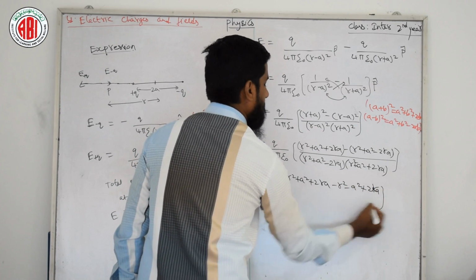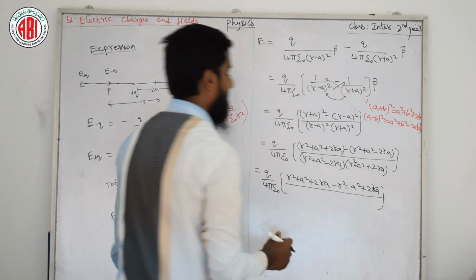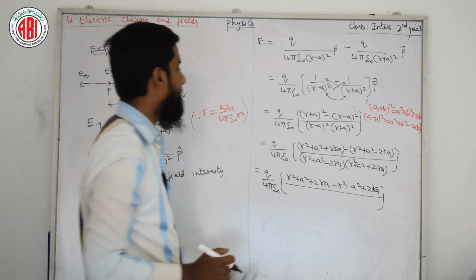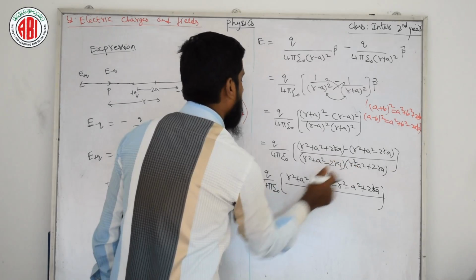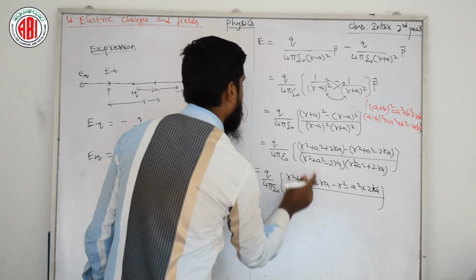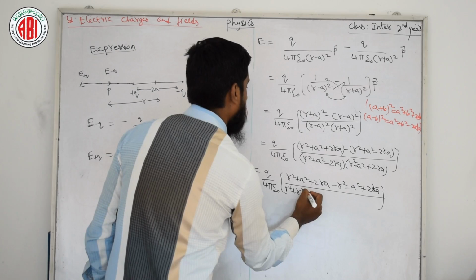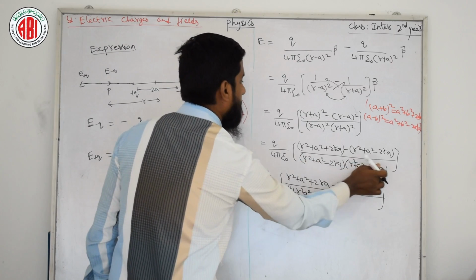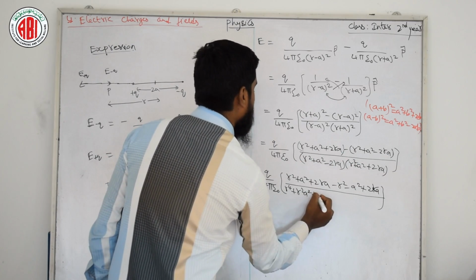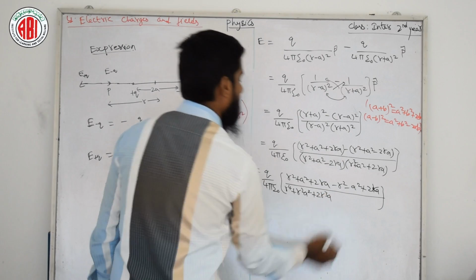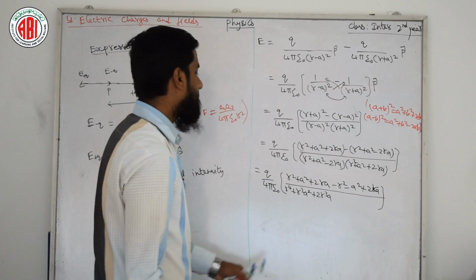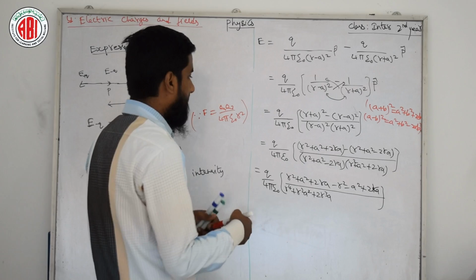This is our numerator, whereas the denominator is R square into R square, which becomes R power 4, R square into A square becomes R square A square, then R square into 2RA becomes plus 2R cube A. And the next term I will write with a different color marker.